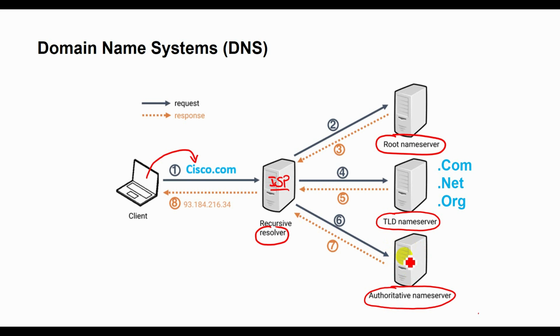So, when the authoritative name server receives the query from the resolver, the name server will respond with the IP address for Cisco.com. And finally, the resolver will tell your computer the address for Cisco.com, and then your computer can now retrieve the Cisco webpage.